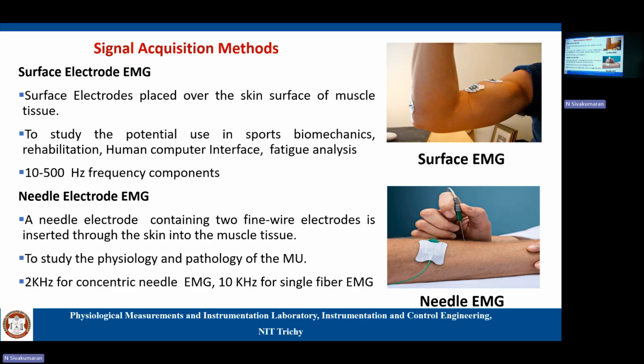But apart from that, technically, in needle EMG we will get a very good signal, because the sensor will have direct contact with the source. Whereas in surface EMG, I keep the sensor on the skin. In the figure at the top, we are interested in the biceps. Whatever contraction happens in the biceps, that signal has to propagate all the way from its origin to the electrode.